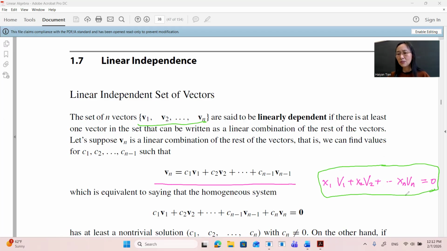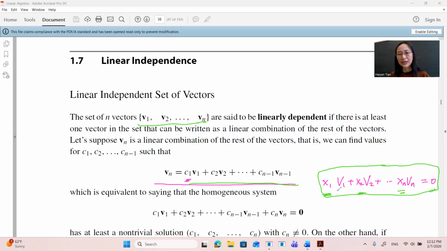If we look at this homogeneous system and try to solve it, suppose our last vector is a linear combination of the other vectors, then we know immediately there's a non-trivial solution to this homogeneous system.